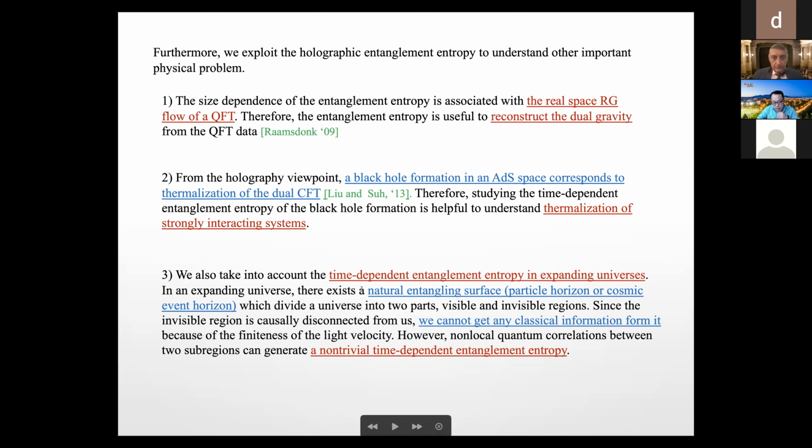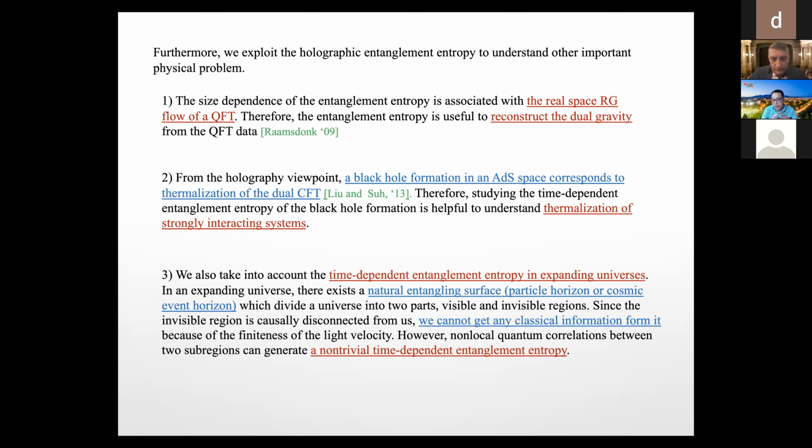Why are we considering this expanding universe? In cosmology there exists a natural entangling surface, usually called a horizon.